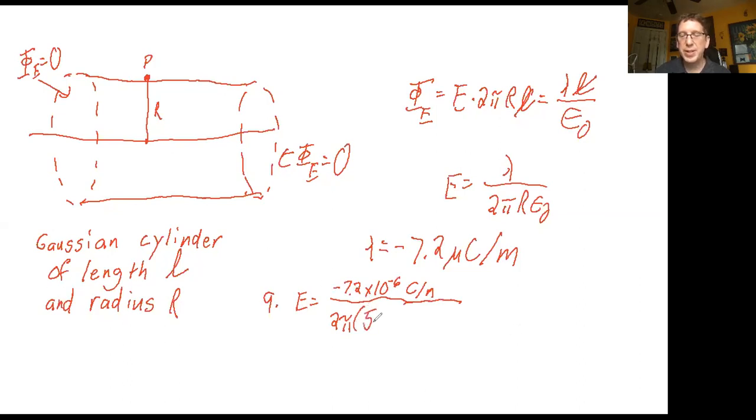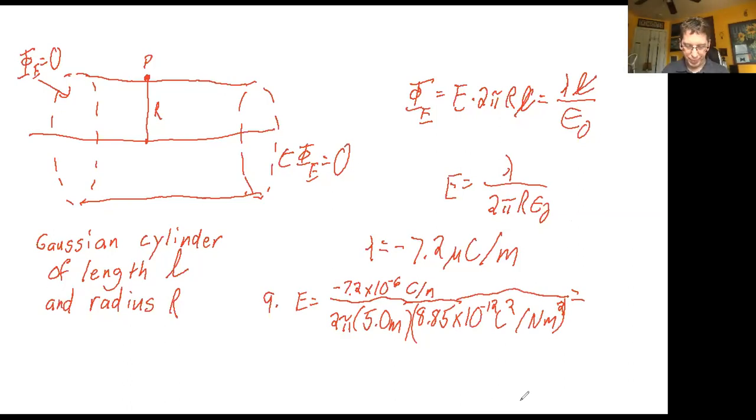So it's 5.0 meters, and then epsilon naught is 8.85 times 10 to the negative 12 coulombs squared per Newton meter squared. And so we will get an answer in terms of newtons per coulomb.